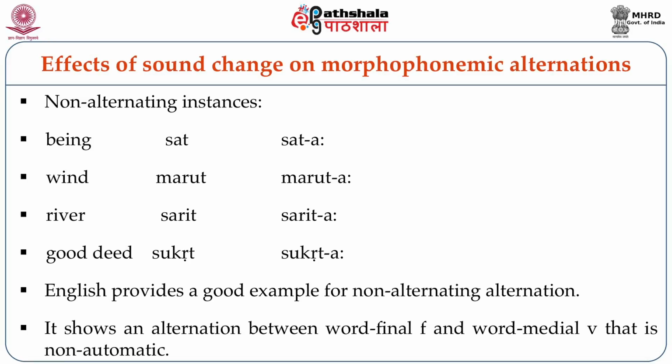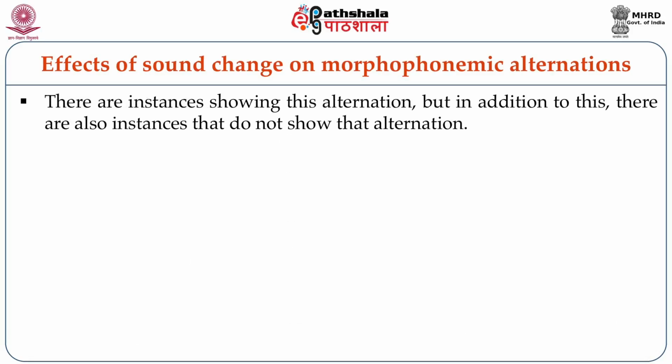English provides a good example for non-automatic alternation. It shows an alternation between word final f and word medial v, that is non-automatic. There are instances showing this alternation, but in addition to this, there are also instances that do not show this alternation.